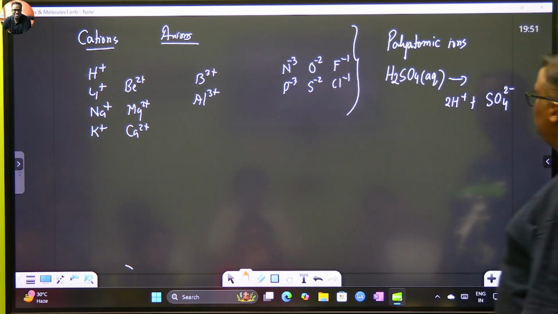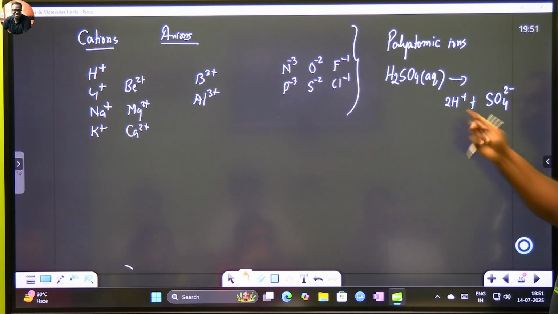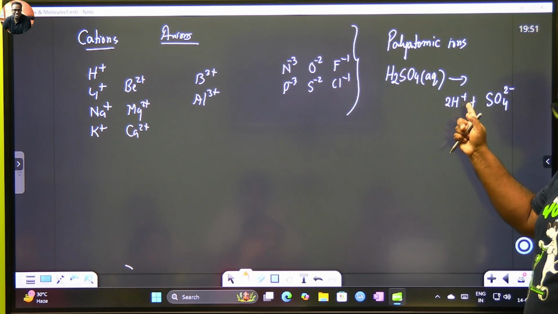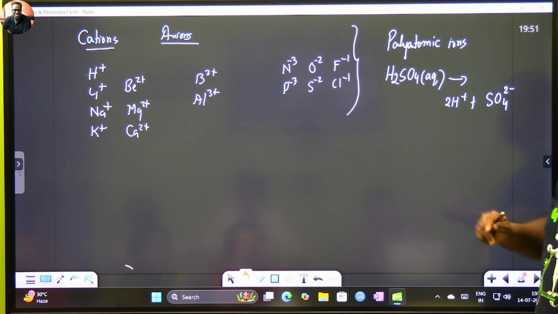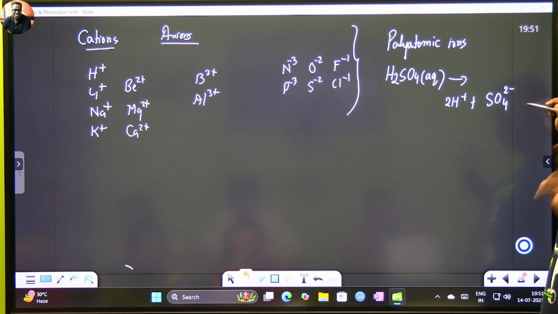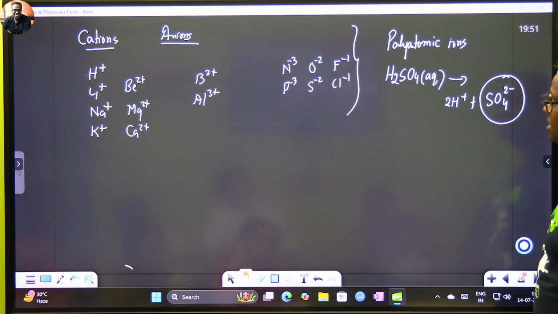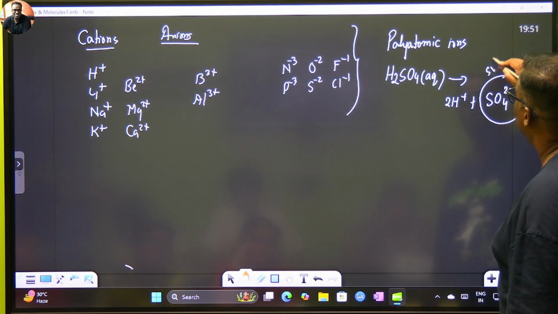How did I get to know SO4 is 2 minus? Overall the molecule or the formula unit should be 0. If hydrogen took away 1 plus each, that means 2 pluses are gone. So SO4 should be 2 minus. This is a polyatomic ion, polyatomic anion. This anion's name is sulfate.